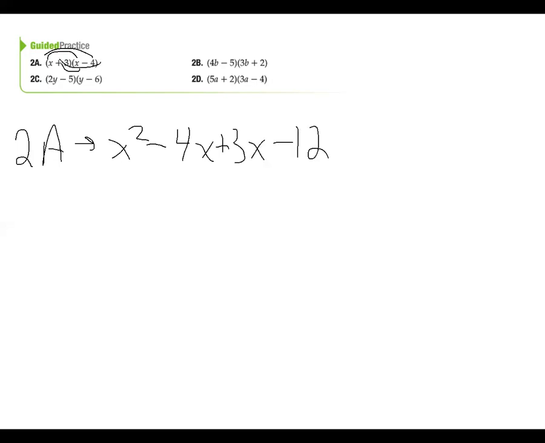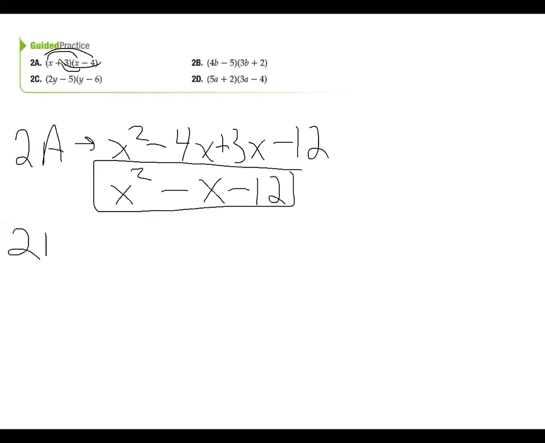Okay, we're back. So for 2a, if I do the firsts, that would be x squared. The outers give me negative 4x. The inners give me plus 3x. And the last give me negative 12. So that would simplify to x squared minus x minus 12.